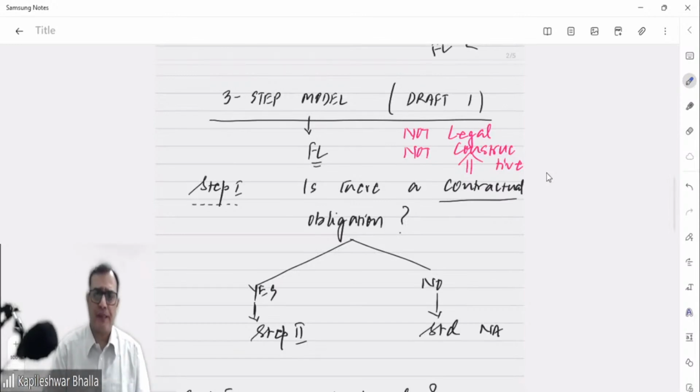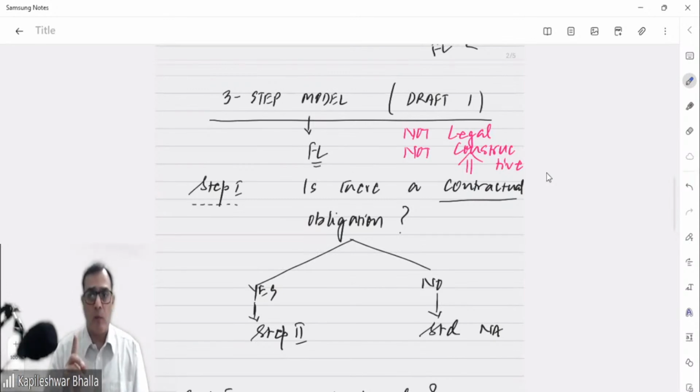So let me remind you, friends, that we are working on Ind AS 32. And in terms of Ind AS 32, the main call is from the point of view of the issuer. So when a company issues an instrument, you need to first apply a three-step model to decide whether the instrument is own funds, that is an equity instrument, or a loan fund, that is a financial liability.